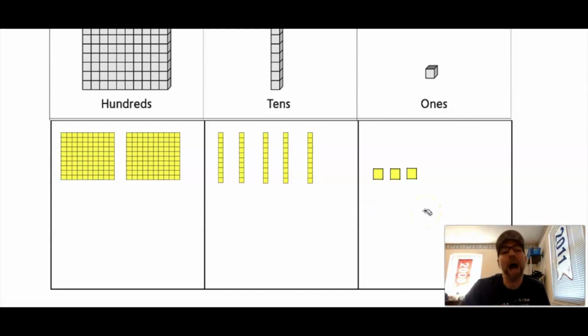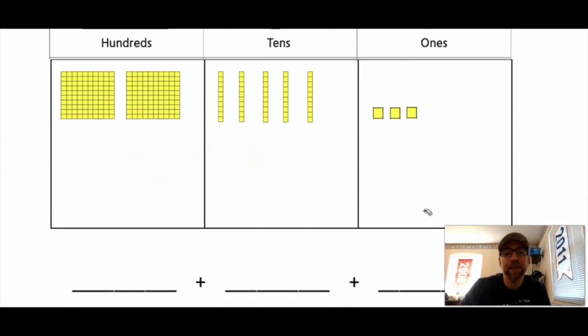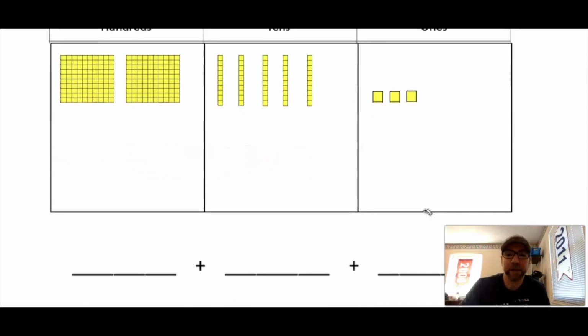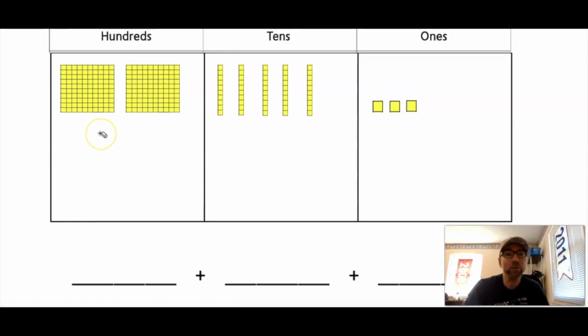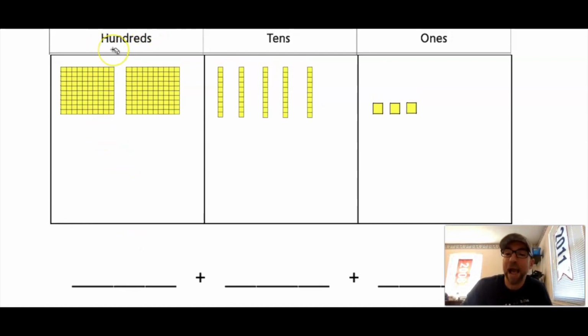Look at the bottom of our sheet protector. It asks us to write in how much we have in the value. In our hundreds place, we have to count by 100s. 100 and another 100. How much do we have in all? 200.